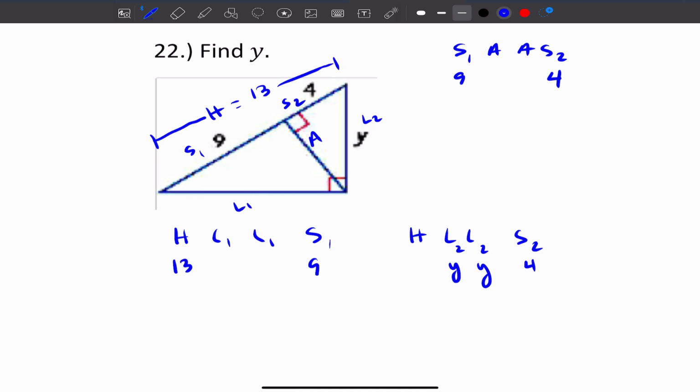So 13 here, 13 here, and just by looking at my organizer, I'm going to be using hills with subnotation 2 because, number 1, it has all the information that I need, and number 2, I'm solving for y. I don't need to use the other two at all.